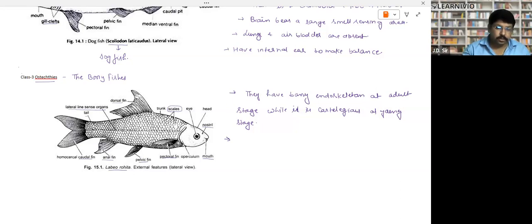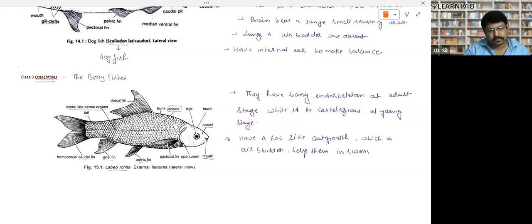Bony fishes, next point. Bony fishes have a pouch-like, sack-like outgrowth, which is the air bladder, which helps them in swimming, right?